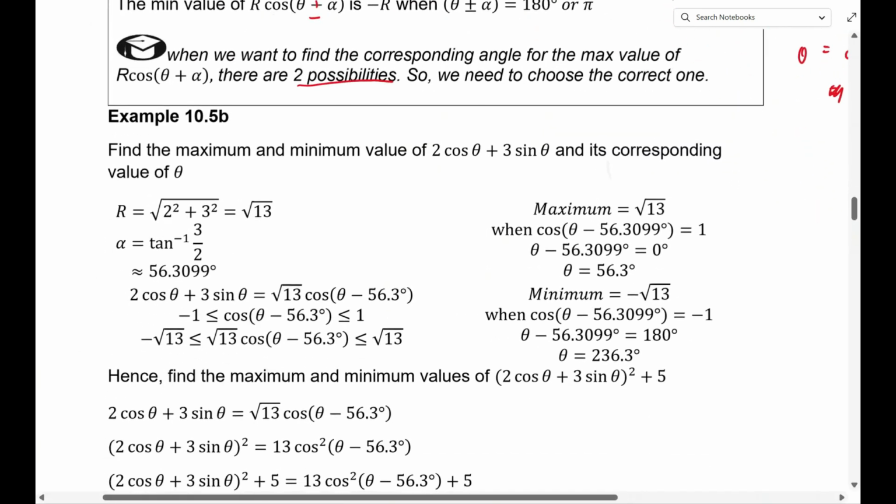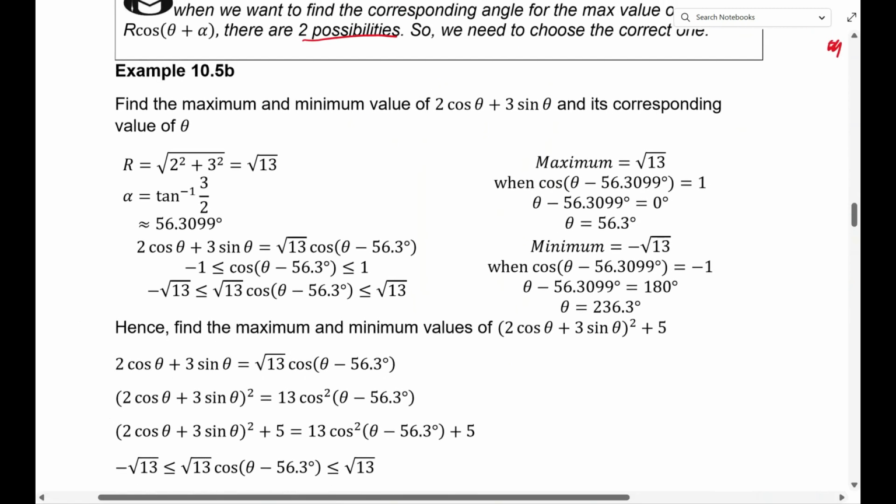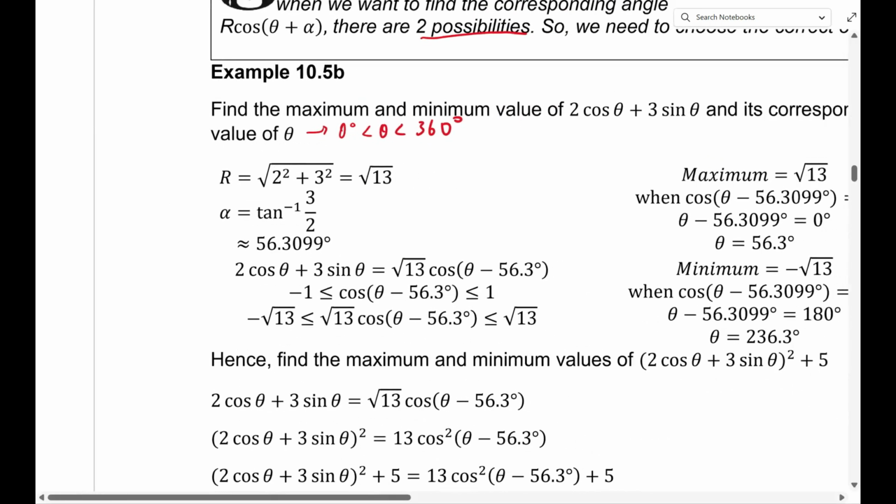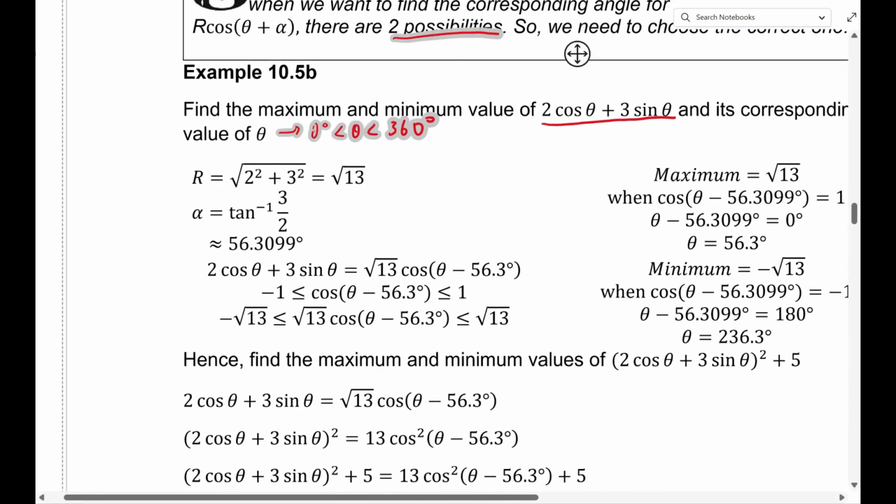Now moving on to an example, find the maximum and minimum value of 2 cosine theta plus 3 sine theta and its corresponding value of theta, whereby theta is between 0 degrees and 360 degrees. So firstly, we need to combine our sine cosine function into a singular function.